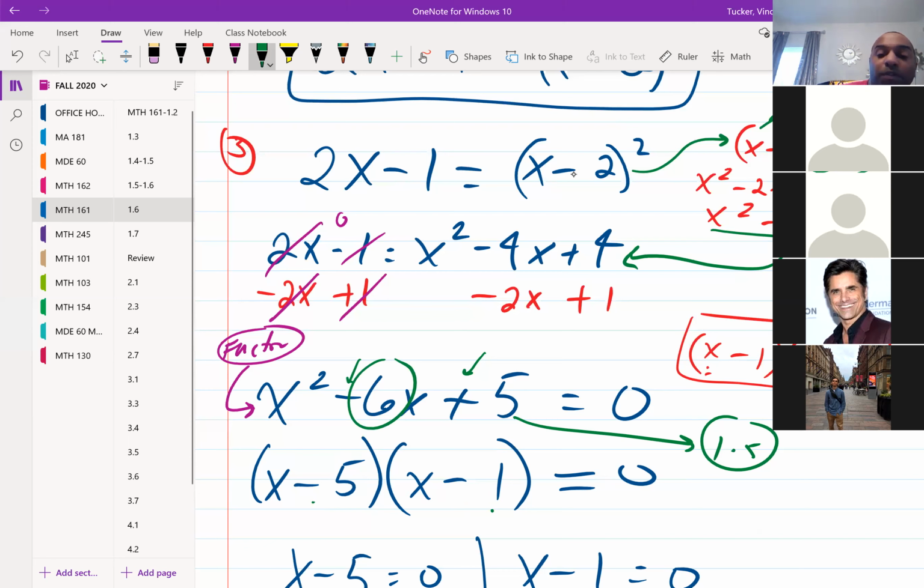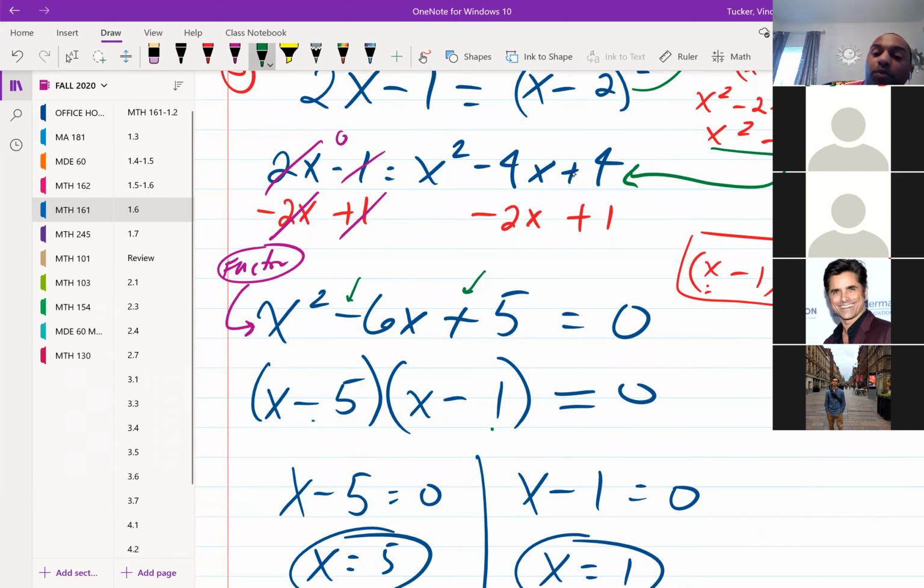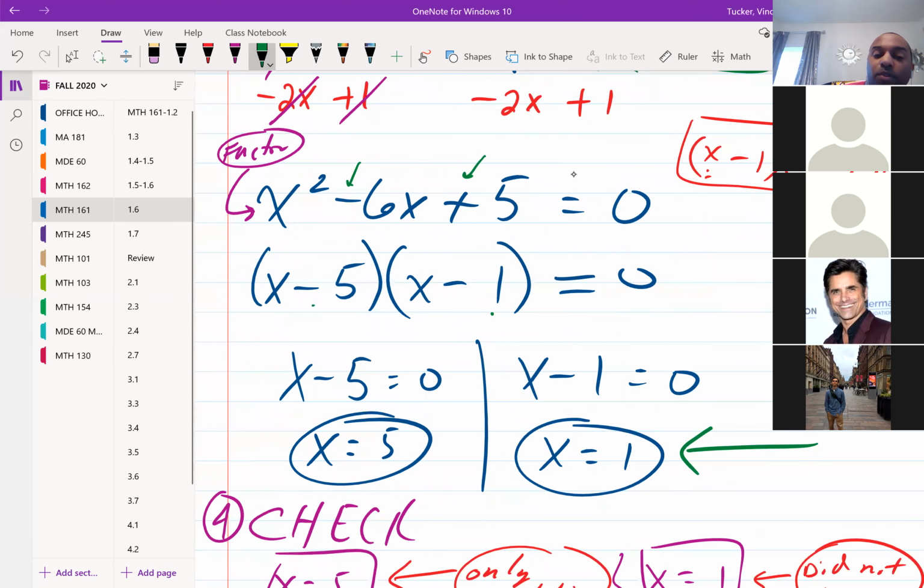So you're talking about -5 times -1 will give you a +5. -5 plus -1 will give you a -6 in the middle. And so that's how we got that factorization. Once again, though, if you're not comfortable with your factorization, you can always do your quadratic formula, which will give you those 2 solutions.